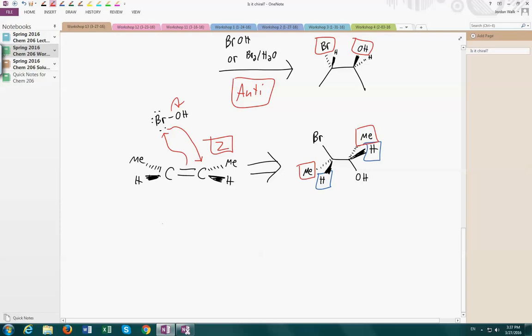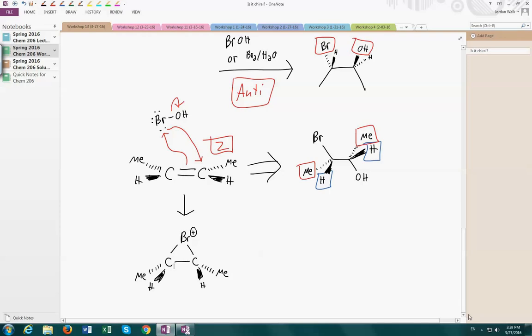So what does that do to the substituents? Pushes them down, right? And so mechanistically, we're going to go through an intermediate where we've added our bromine from the top face, and all the substituents have been pushed down. All right, so that's our intermediate.